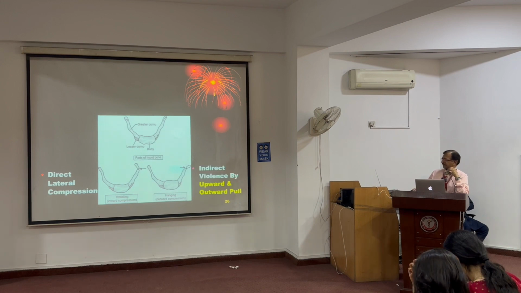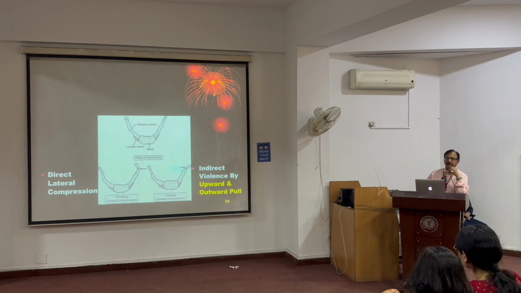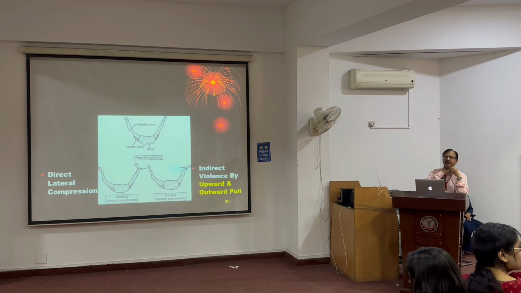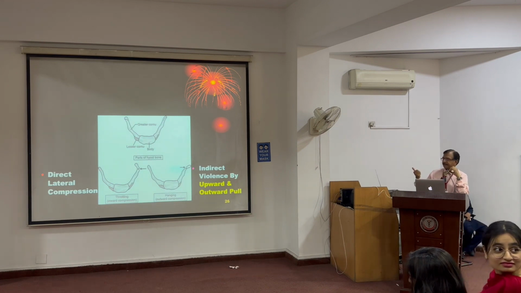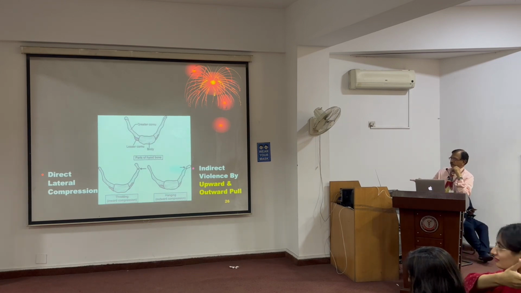The other mechanism is indirect pressure, which is in hanging, the upward and backward pull. Because of the suspension of the body, there is an upward and backward pull, and in this the fractured ends will be displaced outward.